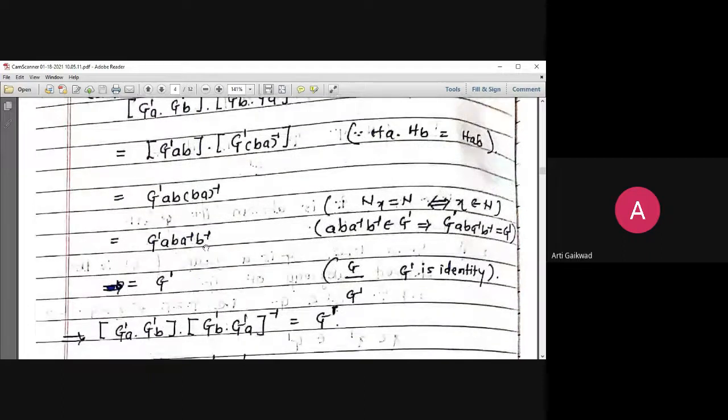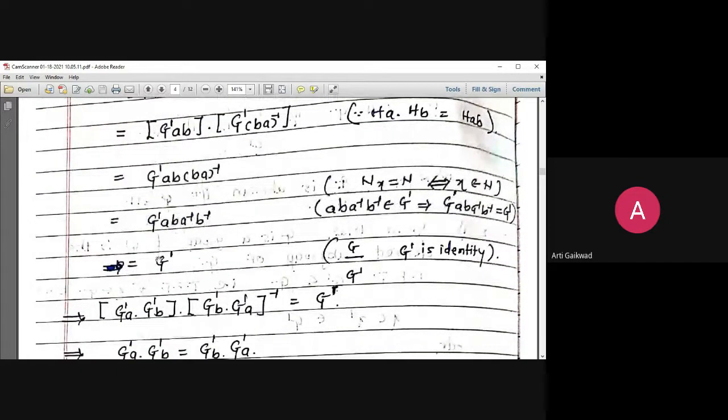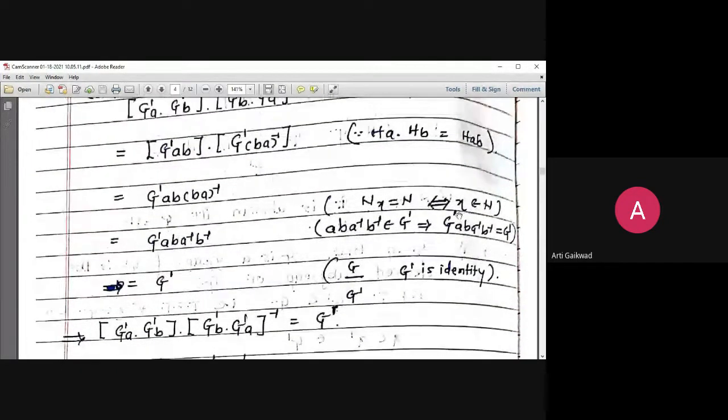So, look at here in the bracket. If Nx is equal to N, here we assume that Nx is equal to N, which implies that this x belongs to N. Okay, using that result, we have here A inverse B inverse belongs to G dash.